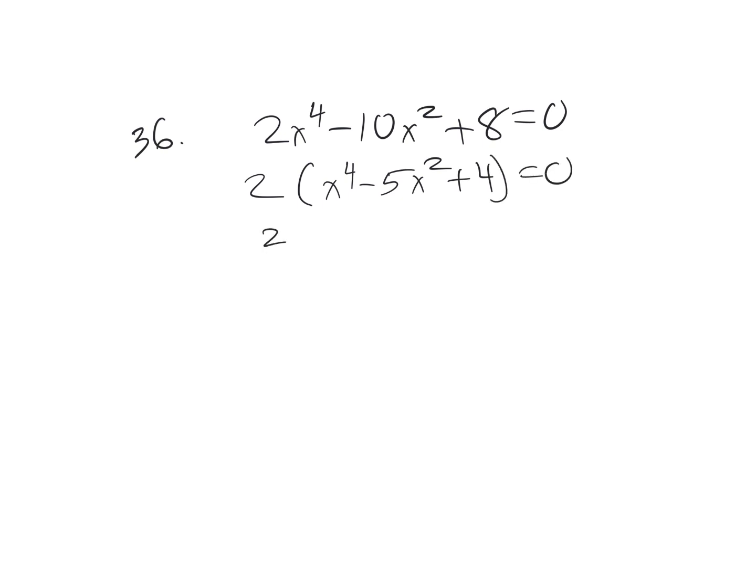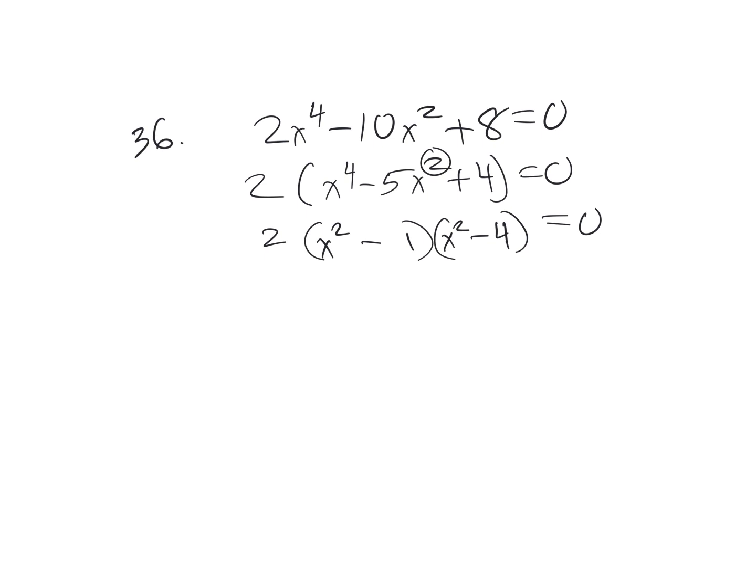And then as long as the middle exponent is half of the leading exponent, then treat it like you're just factoring normal. So x to the fourth becomes x squared. Those are always what your middle exponents are supposed to be. And then factors of 4 that give me 5 would be 1 and 4. And it needs to be negative 5, so negative 1 and negative 4 give me negative 5.